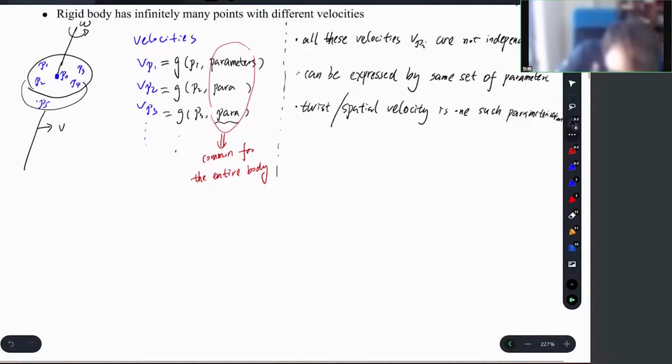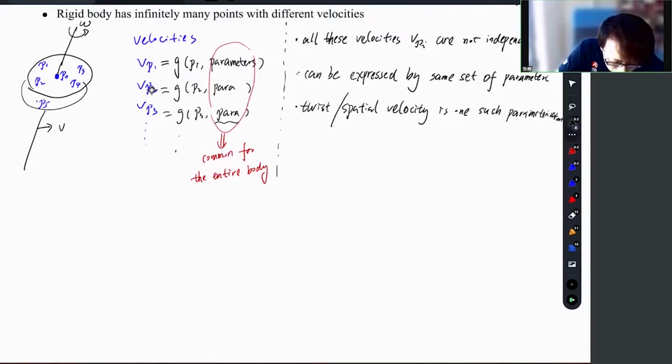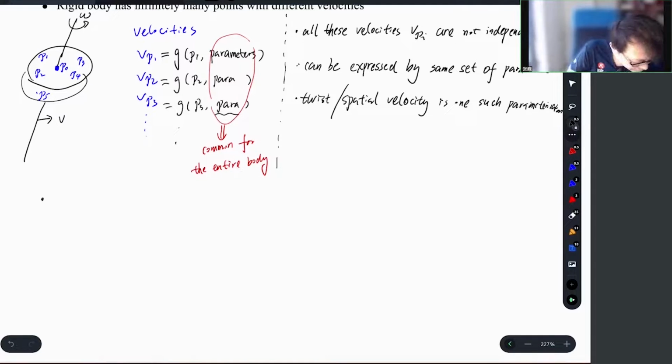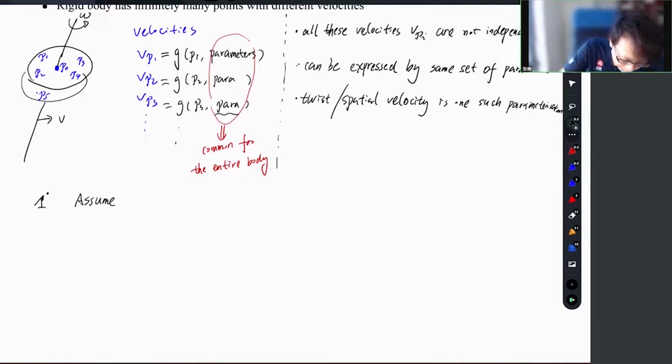Let's take a look at how the linear velocities of the points relate to each other. A very trivial case that everyone should be able to understand is this: let's assume we know one velocity. Let's call that point p0 here.